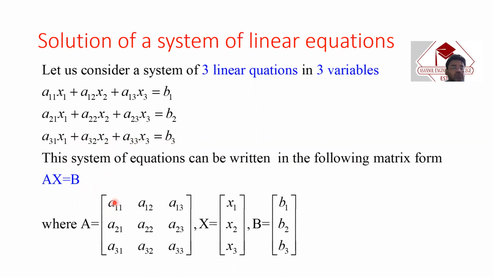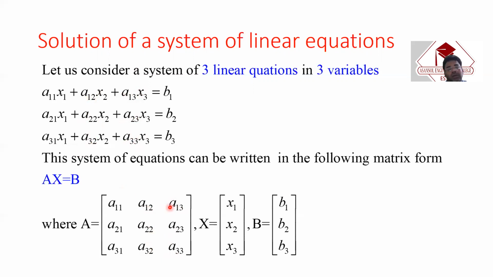What is A? A is the coefficient matrix. The first column comes from the coefficients of x1: a11, a21, a31. The second column comes from the coefficients of x2: a12, a22, a32. The third column comes from the coefficients of x3: a13, a23, a33.